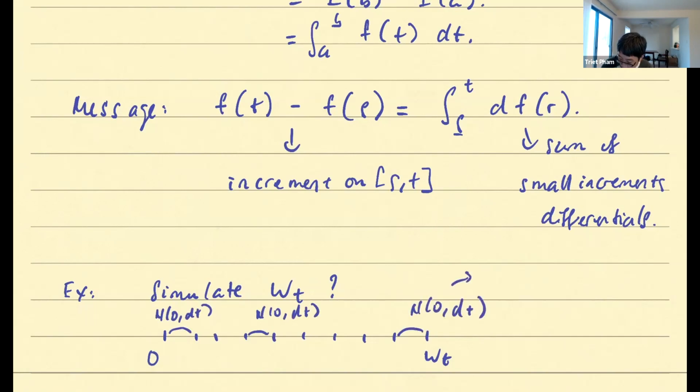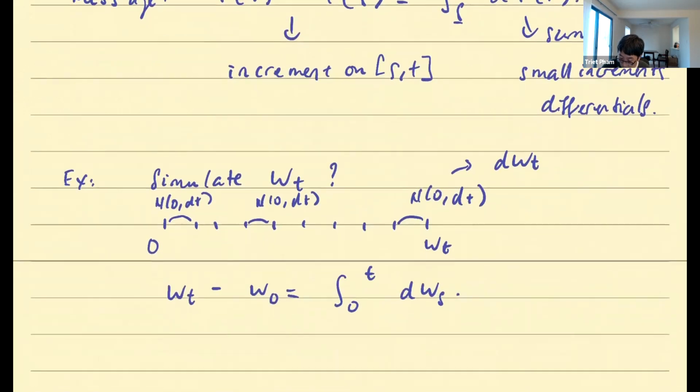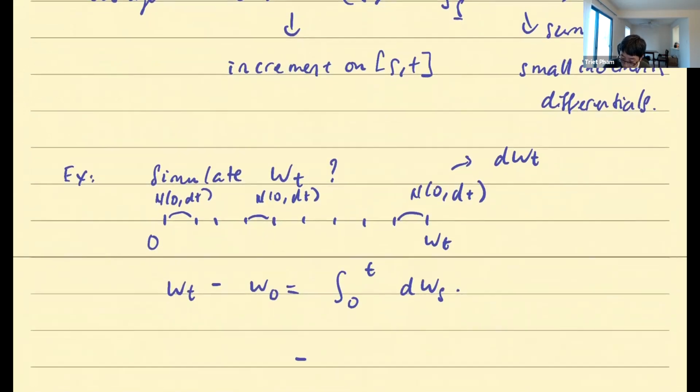So these are the so-called dW_t, the increments of the Brownian motion over this time period, over this time period, over this time period. So using our principle that W_t minus W_0 is the integral from 0 to t of dW_s, to get the big increment I just add the small increments. Of course, W_0 is 0.